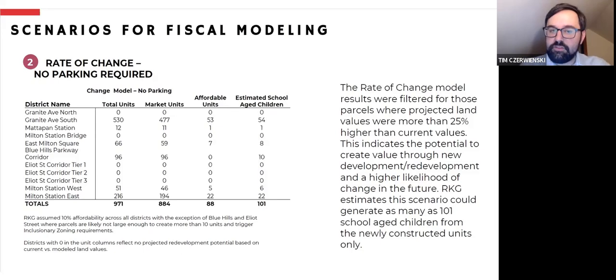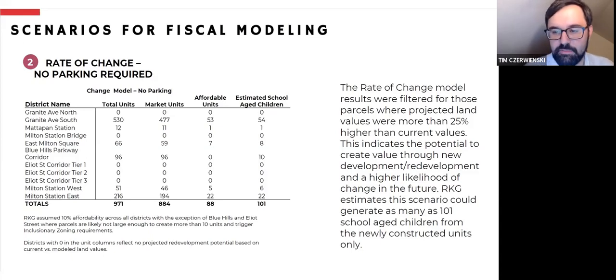They did another rate of change model, again using this rate of change, and then also assuming that we didn't require any parking. Because we're using parking maximums, there is the potential that certain developments may not build parking, depending on where they are. We expect that there will be some parking built, but this is an inherently conservative model based on the rate of change, because it assumes that no parking is going to get built.